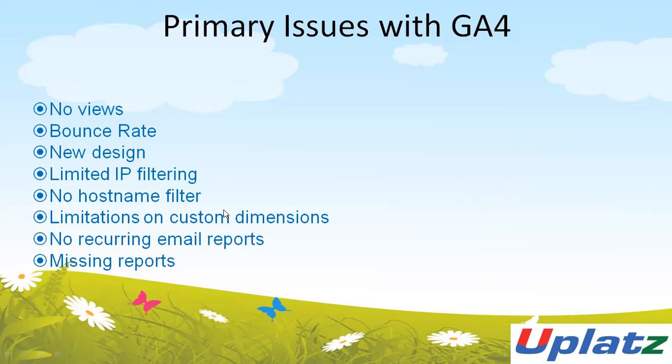Even your host name cannot be filtered. And basically, the things that came inside the view criteria are no more. Limitation on custom dimensions, definitely, because you have no option from here to set your dimensions.